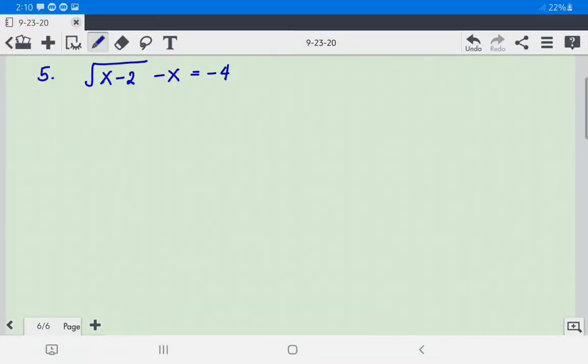Okay, so we're going to isolate the radical term. So we have the square root of x minus 2 equals, you transpose negative x to the right side of the equation. So we have x, make it positive x, then minus 4.